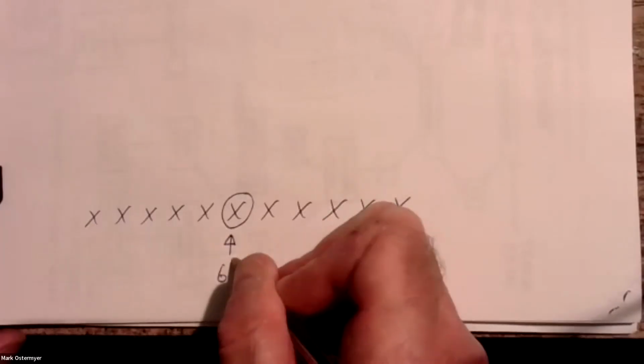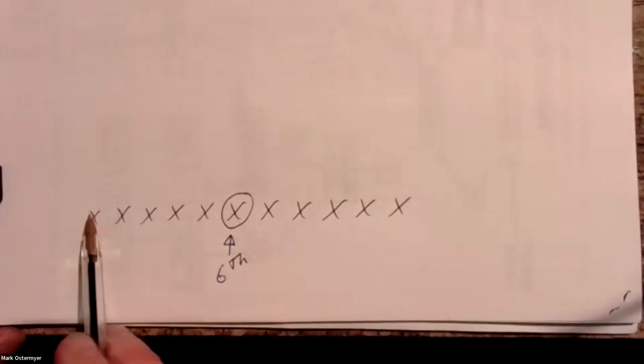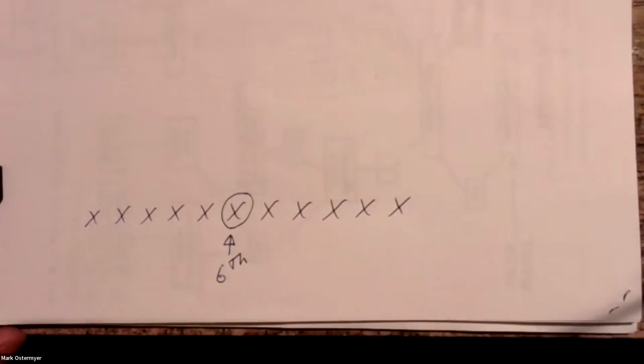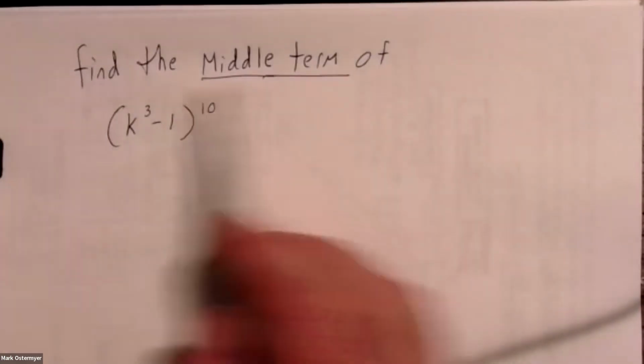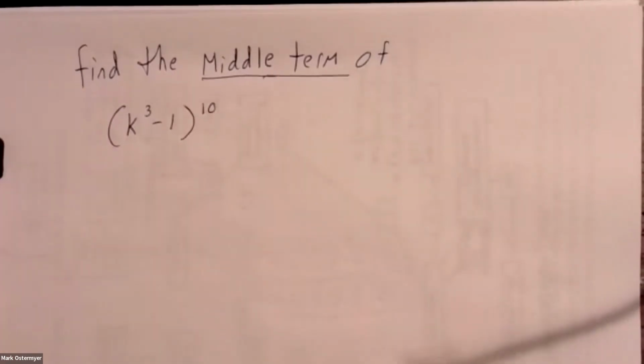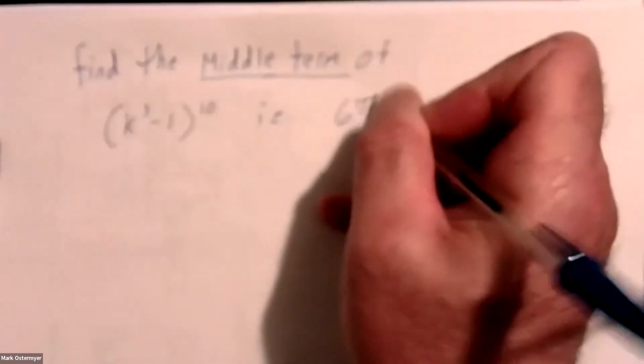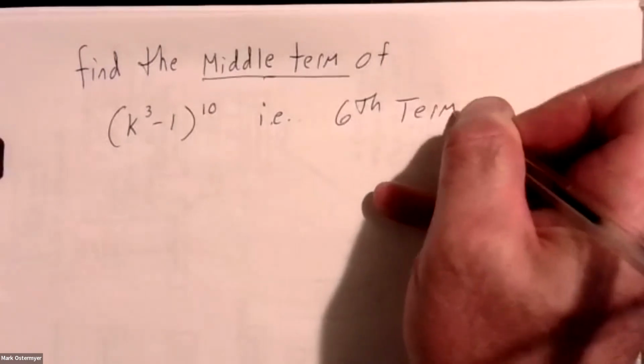That's correct. The sixth term, ladies and gentlemen, is the middle term. There's 5 terms to the left, 5 terms to the right. You agree? We really have to find the sixth term here. That's what they want us to find. They want us to find the middle term of this expansion. That means we got to find the sixth term. That is the middle term.